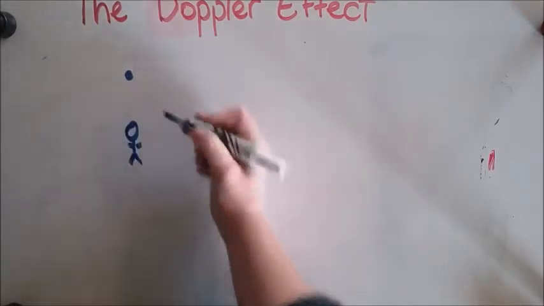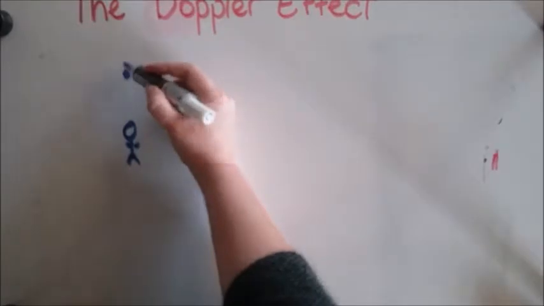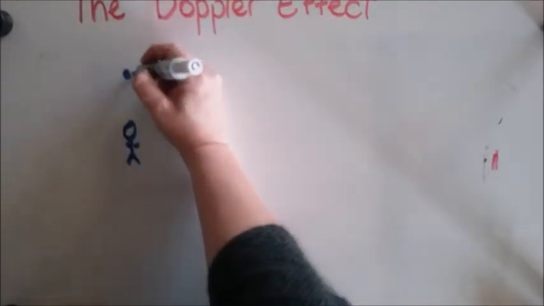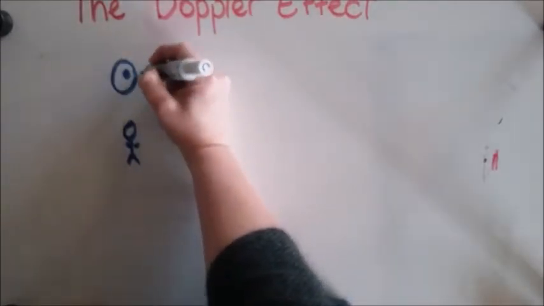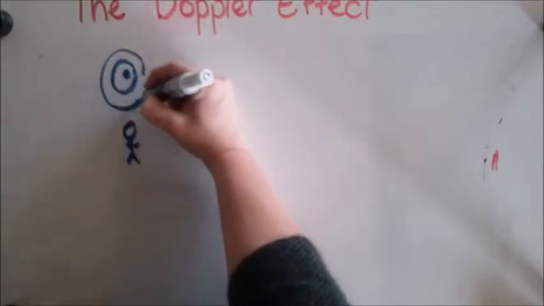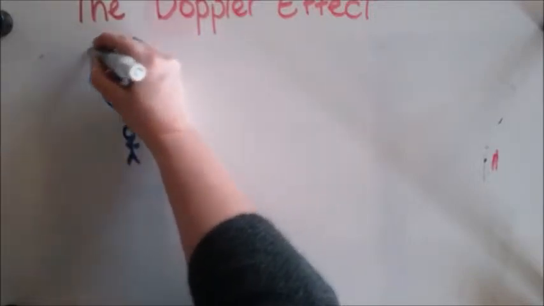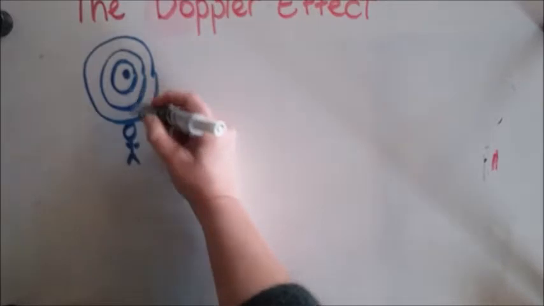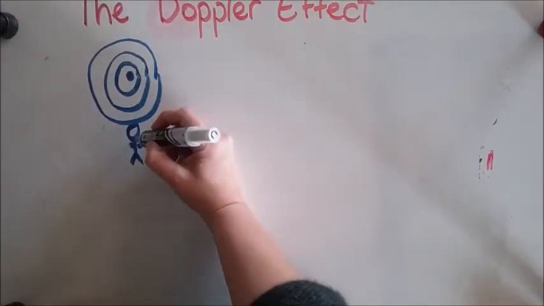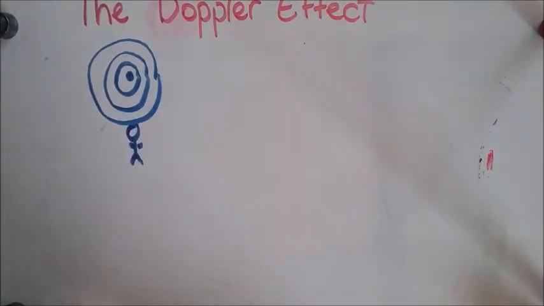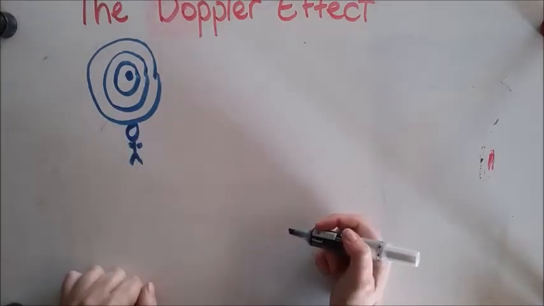For that instant, as your person is directly opposite your source, even though the Doppler effect is going on, at that point there is no relative movement or relative velocity difference between the source and the person.